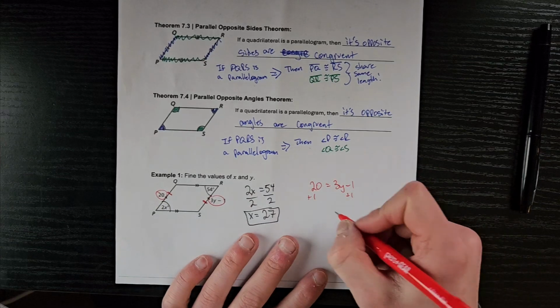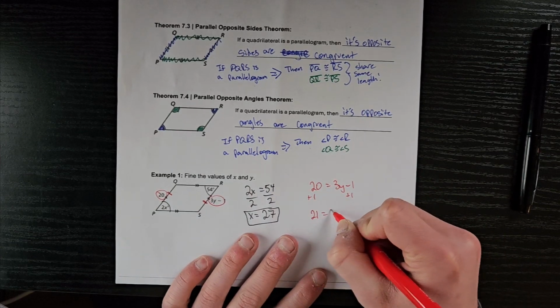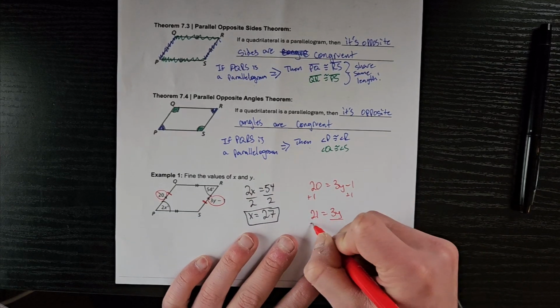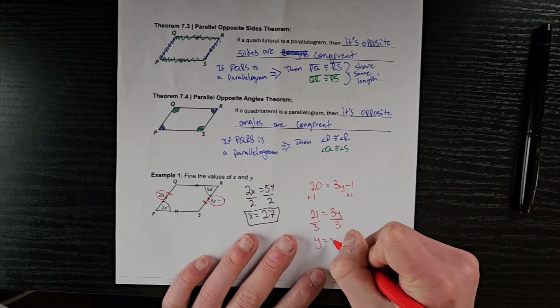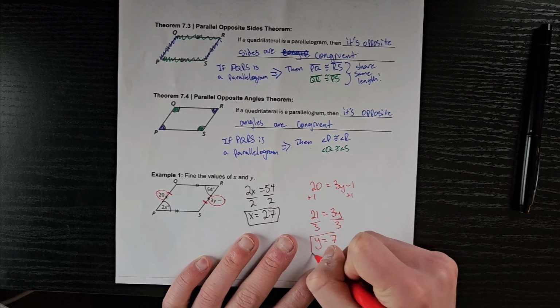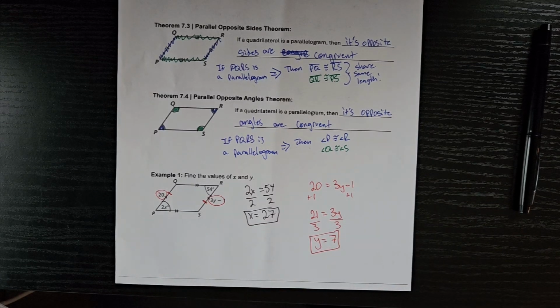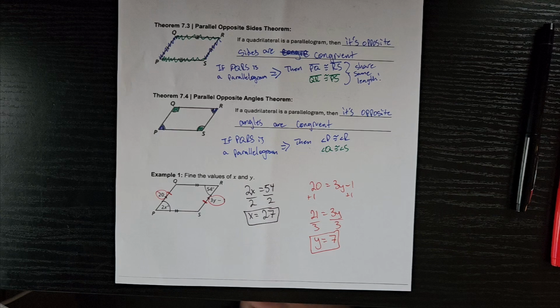I move the 1 to the other side to get 21 is equal to 3y. Now I get y all by itself by dividing by 3 on both sides, and I end up with y equals 7. Not too shabby, isn't it?